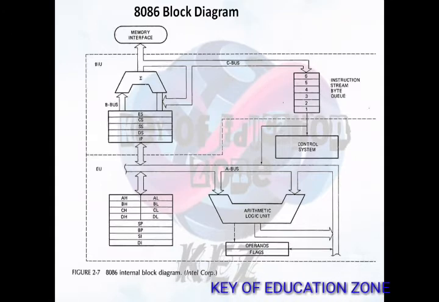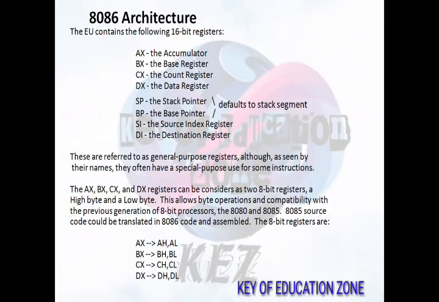I divided it by a dotted line also to make it separate, showing which type of work is done. For fetch, this type of operation is the BIU part, and EU only does decode and execution.